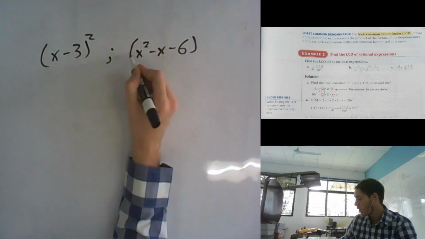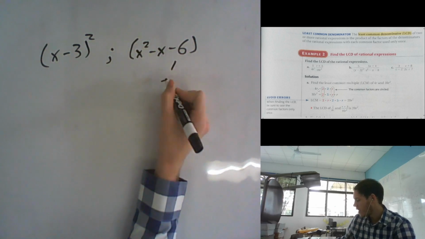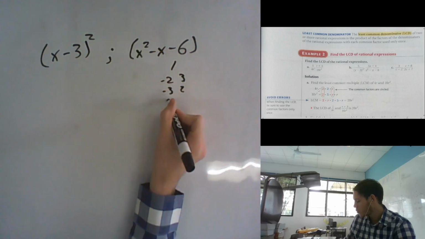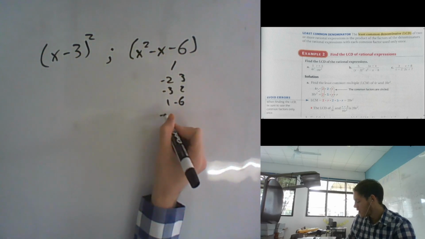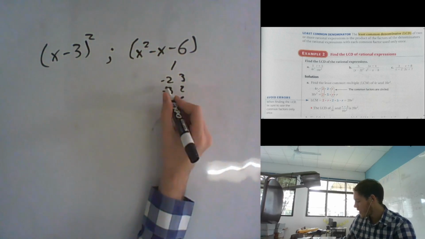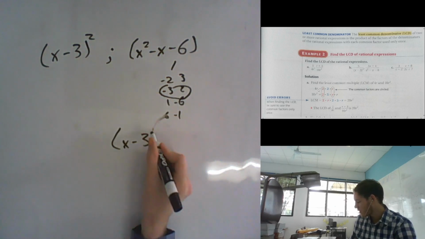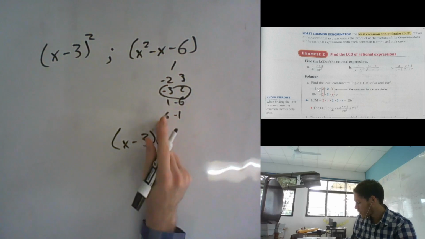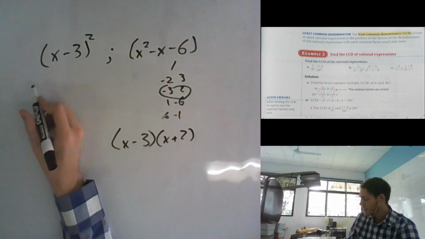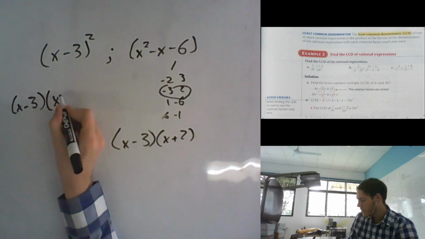There's a 1 here, we just check what goes into negative 6: negative 2 and 3, negative 3 and 2, 1 and negative 6, negative 6 and negative 1. This is the only one that makes sense, so we get x minus 3 times x plus 2. This, if we break it apart, is x minus 3 times x minus 3.